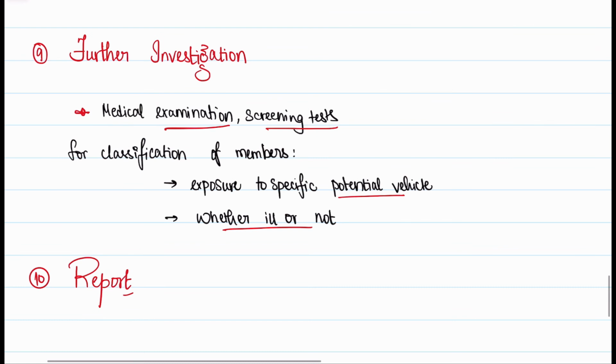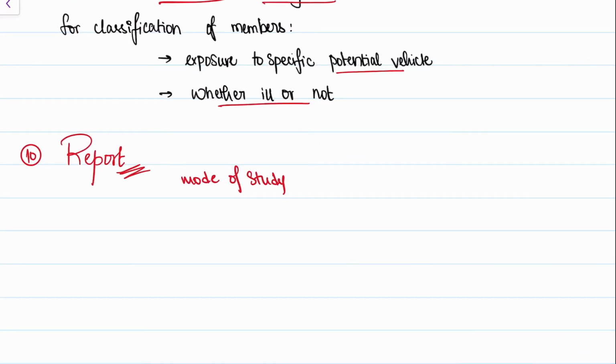Then we finally write a report. This report must contain all the preliminary details and the ecological factors, so the report should be complete and convincing. It must give a background about all the geographical locations.